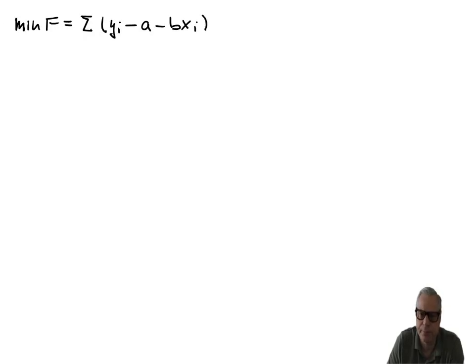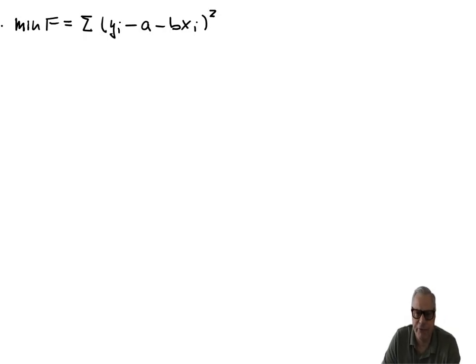So we try to minimize a function, which is minimizing the sum of all the deviations of y minus the trend line, and the trend line is a plus bxi. I can put that into parentheses and square it.